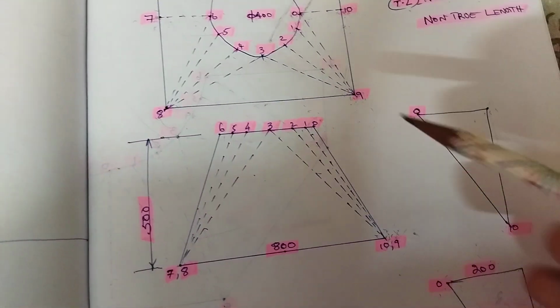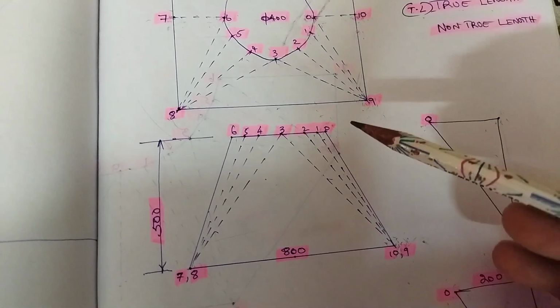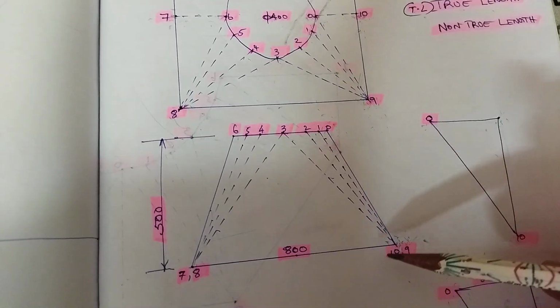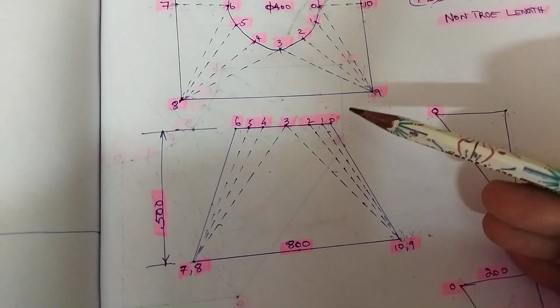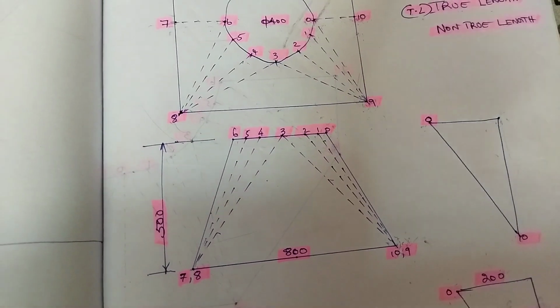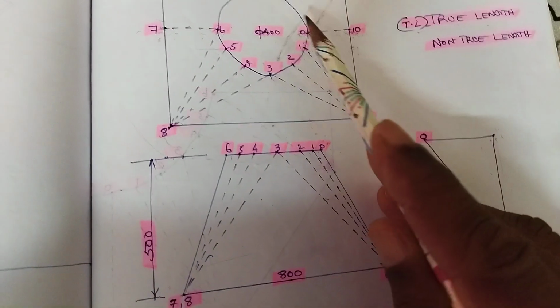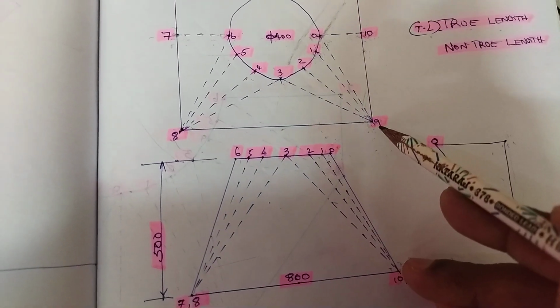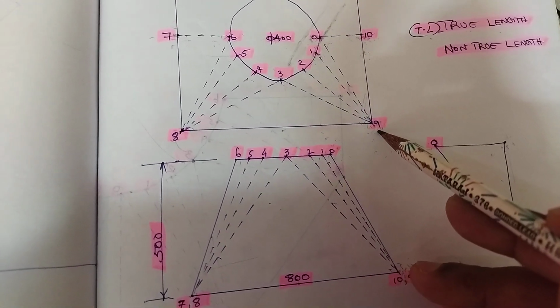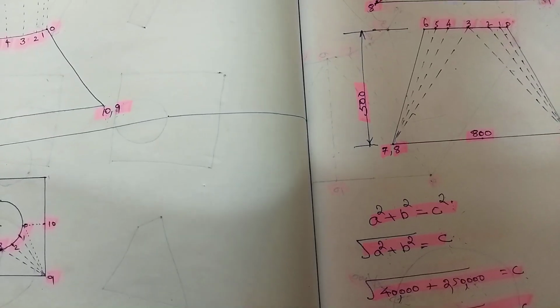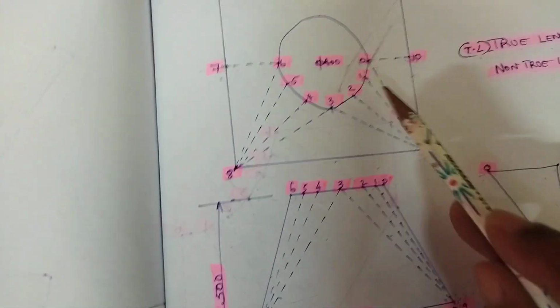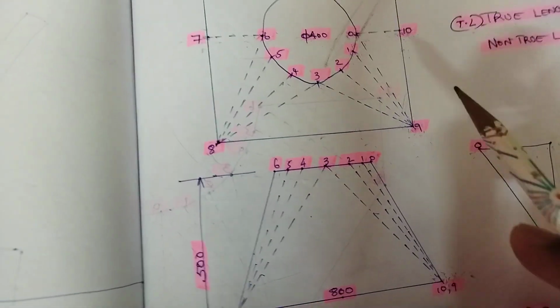In the front view also it isn't a true length because in front view 9 is so near to our eyes, 0 is so far away from the eyes. So how will we find out the true length of 0 to 9?